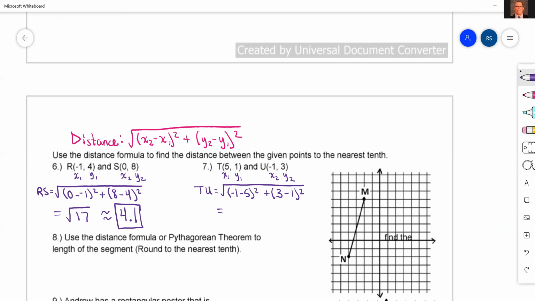If we put that in our calculator, we'll find that we get the square root of 40, which is approximately 6.3.